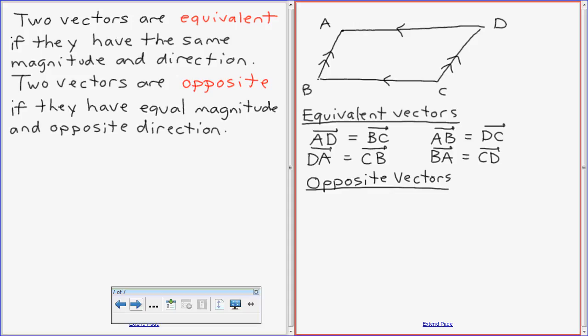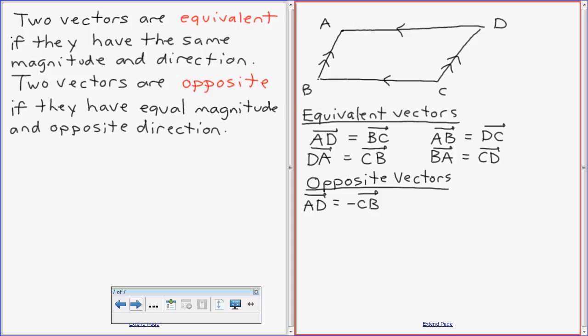AD is opposite of CB. So AD goes like this, CB goes like this. Is everyone in agreement with that? So the way you write that is AD is equal to negative CB. Because it's a negative, meaning it's opposite, right? The direction is opposite.